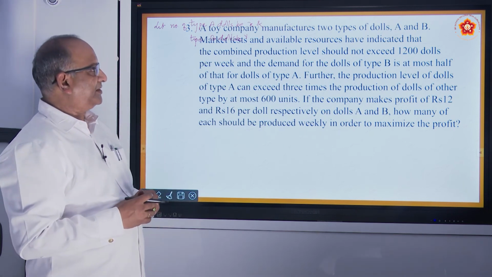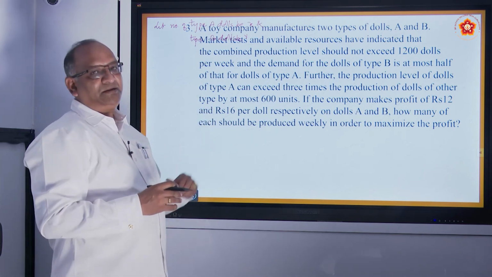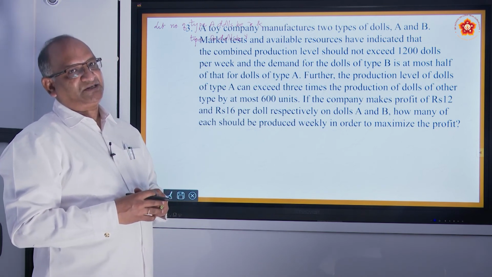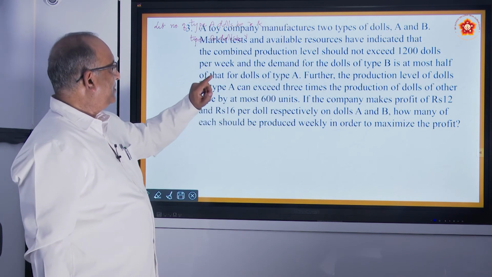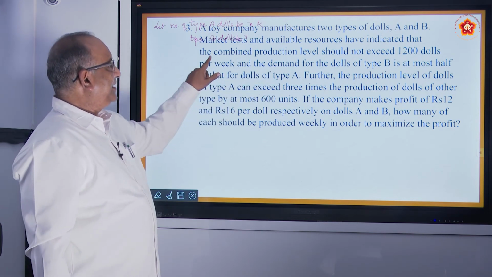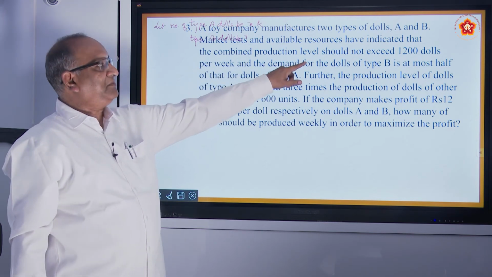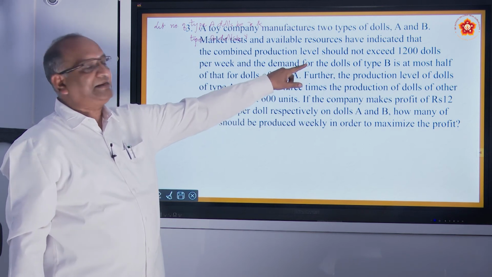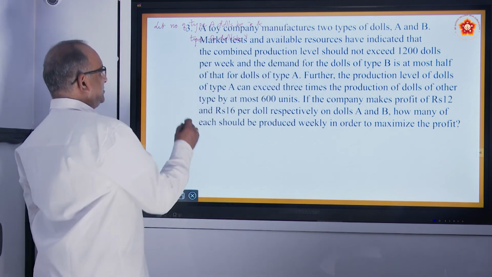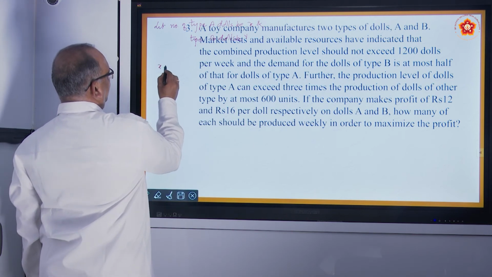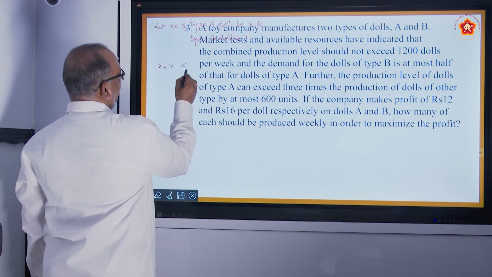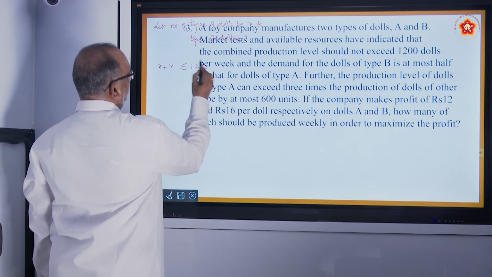Now read the question. First, write the profit function. First thing he says is it can produce a maximum, it should not exceed 1200. So, the first inequation can be X plus Y is less than or equal to 1200.